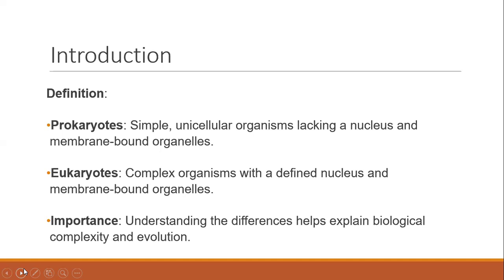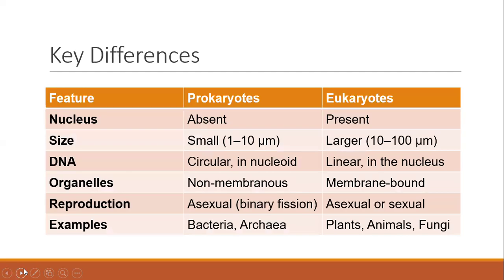Now, it's important to understand the differences in these two types of organisms, because understanding the components that make up the prokaryotes and the eukaryotes helps to explain biological complexity and evolution. Now, the major differences between the prokaryotes and the eukaryotes include the nucleus. In the prokaryotic organism, the nucleus is absent, while eukaryotic organisms have a nucleus.